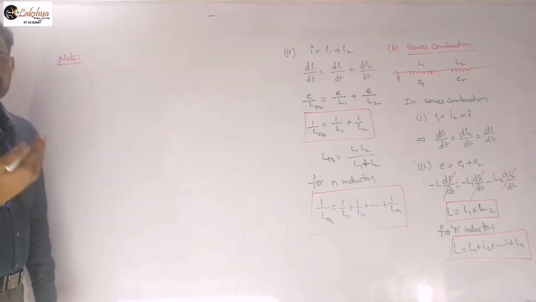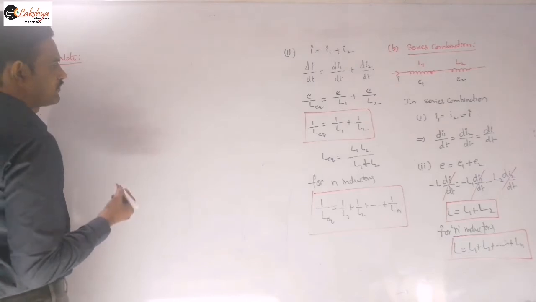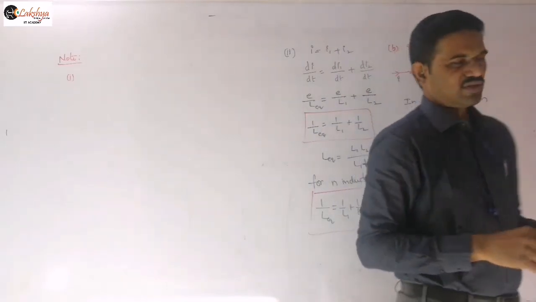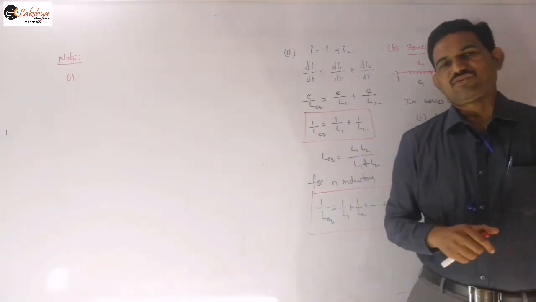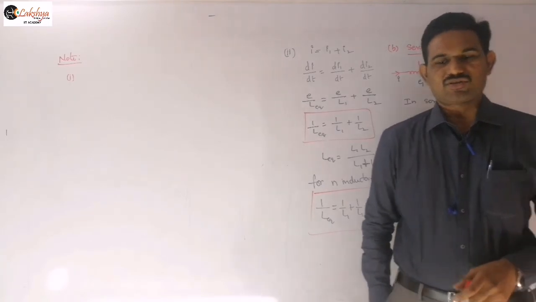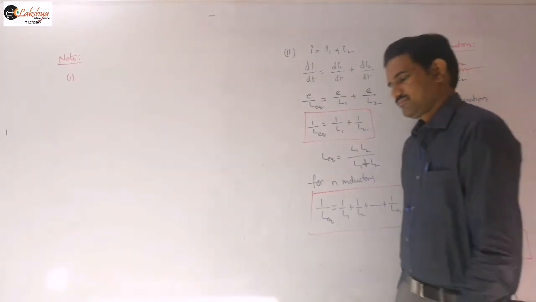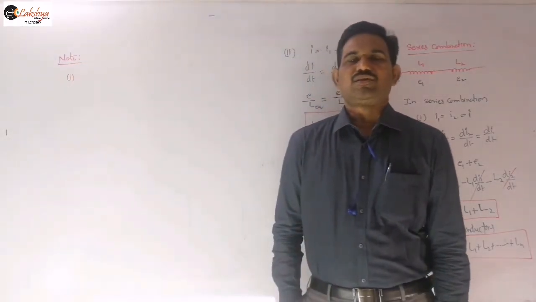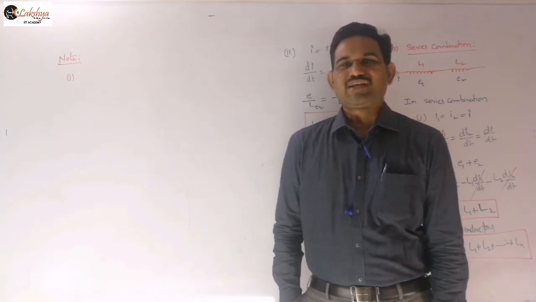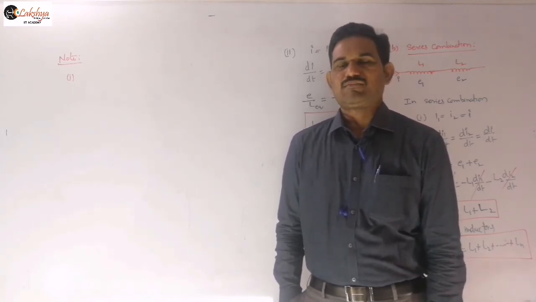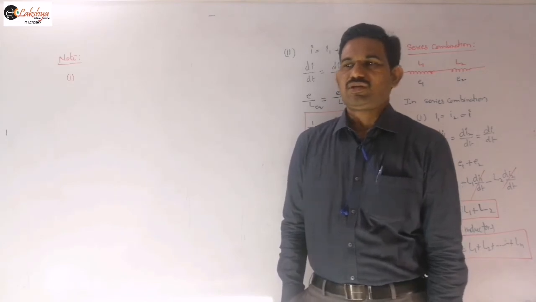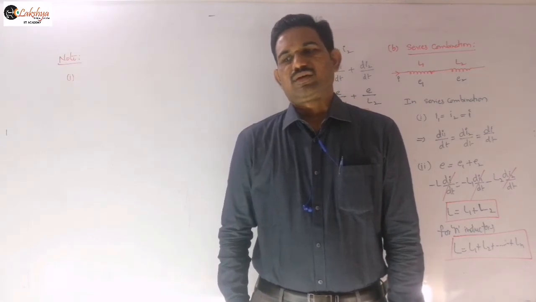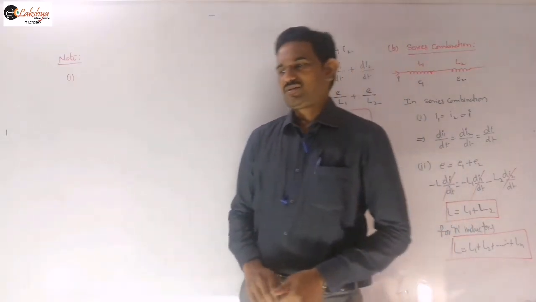That means we are going to calculate the total inductance. If mutual inductance between the two coils is also considered in series combination, then the total inductance of the system can be written as given below.